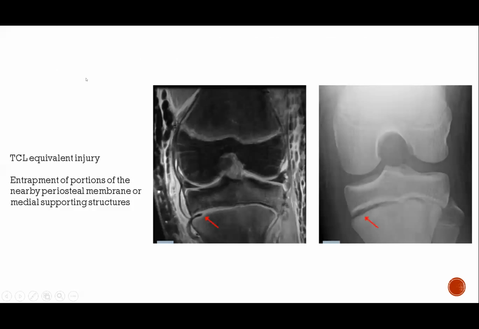So as we were talking about direct valgus impaction, where the center of the knee is actually shifted to the lateral aspect of the knee.